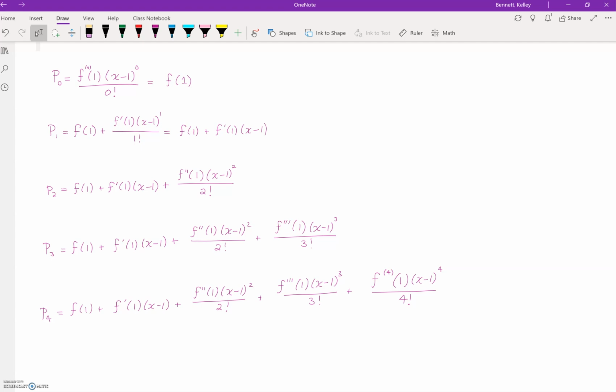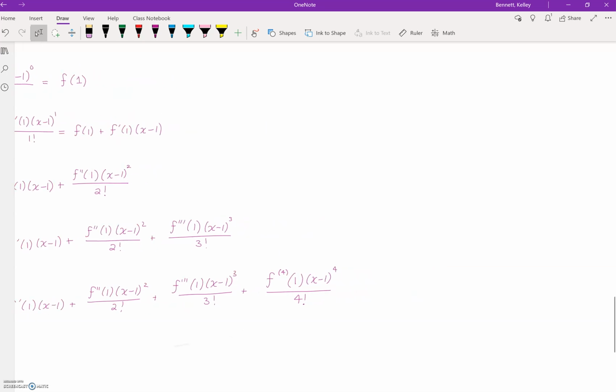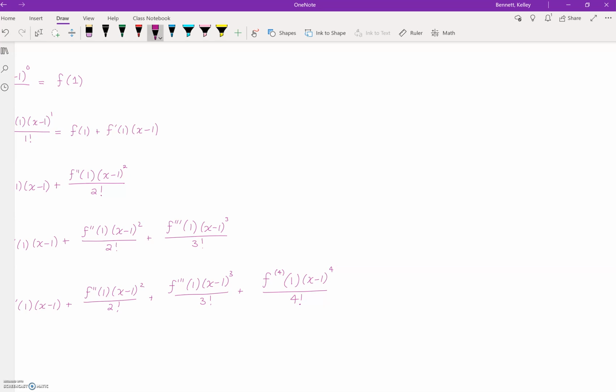We need to know all of our derivatives and what they are at 1. So I'm going to make a little table over here on the right hand side. So I'm going to have f of x. I need the first derivative, I need the second derivative, I need the third derivative, and the fourth.